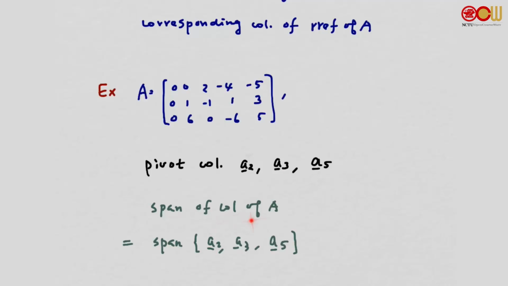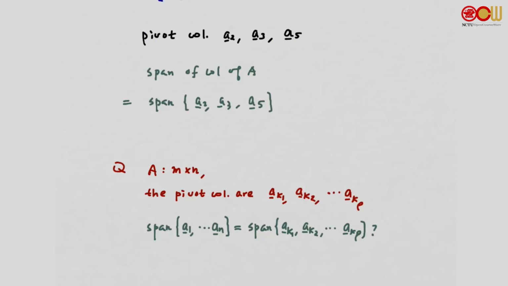So the span of columns of A is the same as the span of pivot columns of A. A question: suppose A is n by n, and the pivot columns are Ak1, Ak2, up to Akr. There are r pivot columns. Now, is the span of the n column vectors of A the same as the span of pivot columns of A?